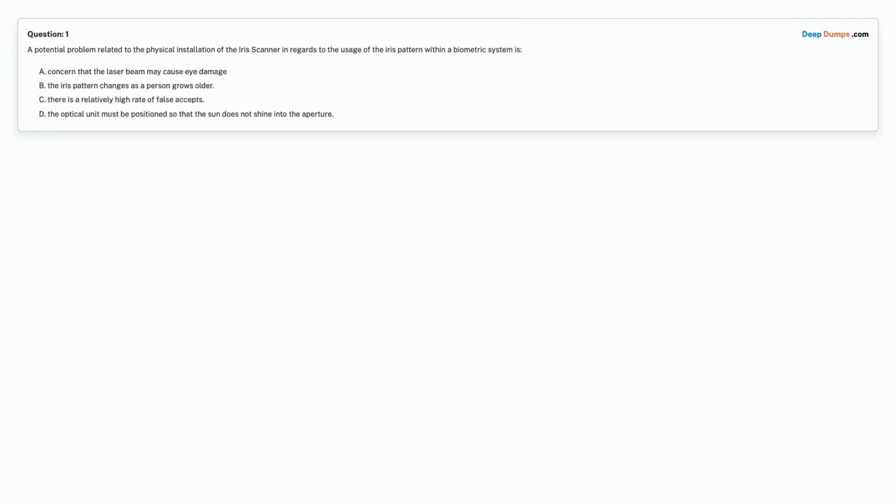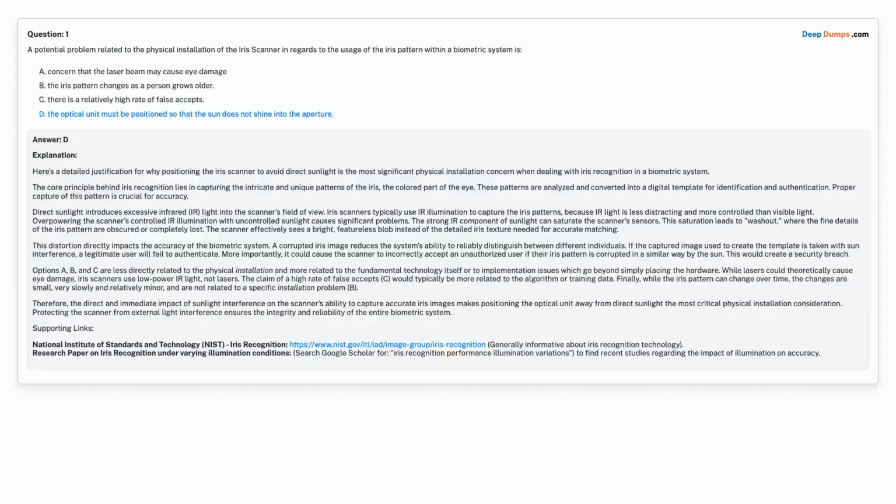Option C. There is a relatively high rate of false accepts. Option D. The optical unit must be positioned so that the sun does not shine into the aperture. Choose the correct answer. Correct answer is Option D. The optical unit must be positioned so that the sun does not shine into the aperture.